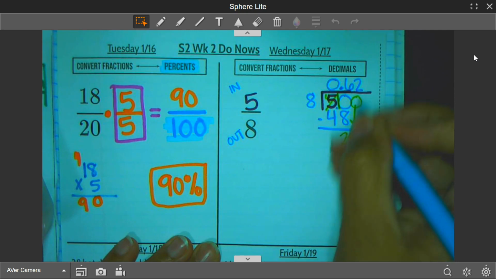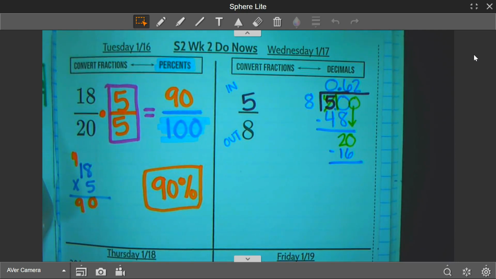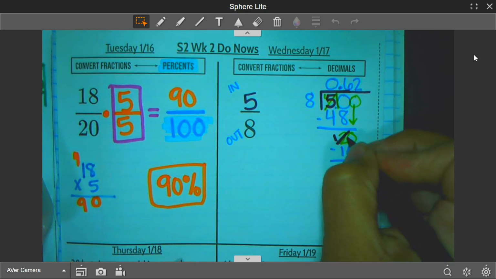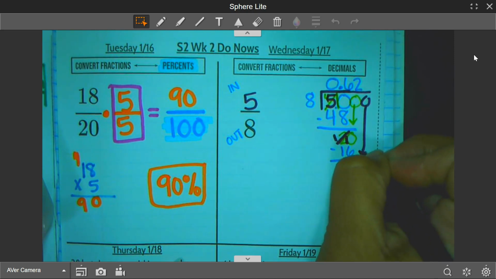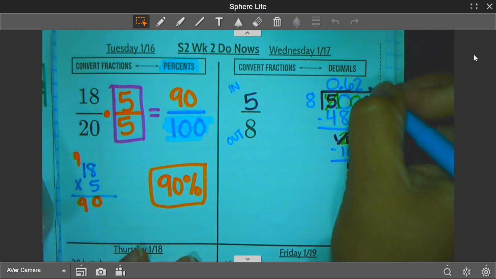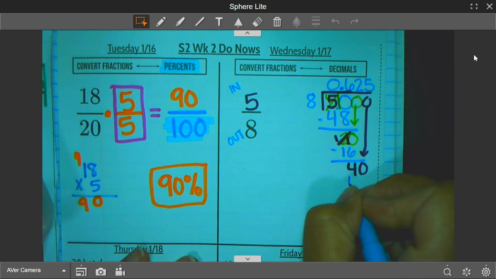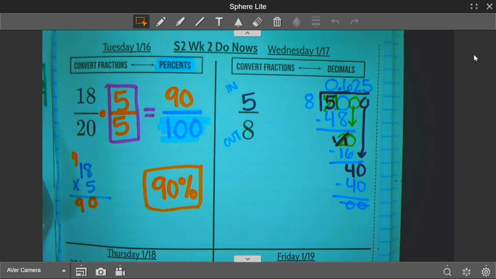That's 16. Let's subtract again. I need to regroup or borrow. So that's 10, take away 6. Add another 0, and that's 40. 8 goes into 40 five times. And then I am left with 0, so that means I am finished.